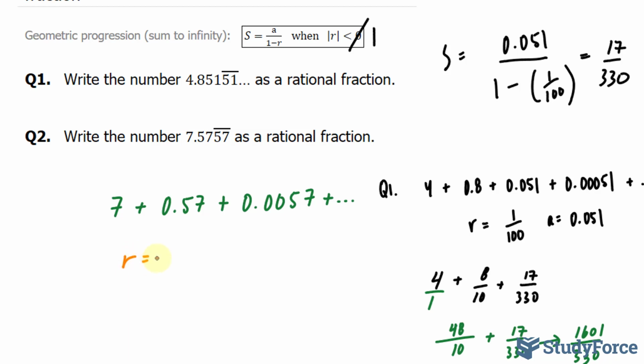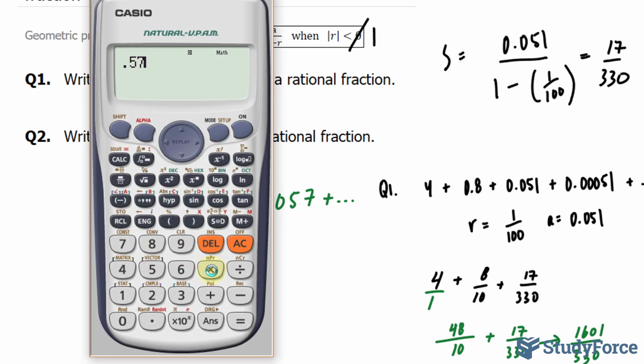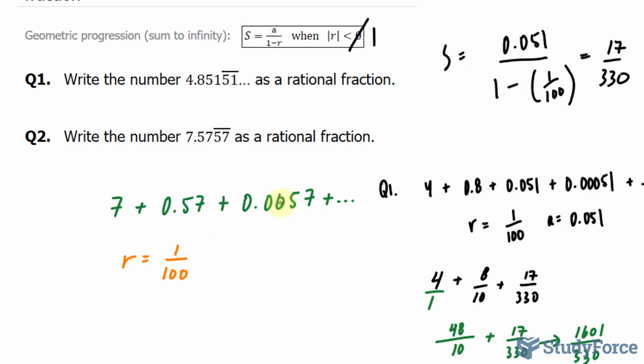The common ratio here will be 1 over 100, just as before, because if we take 0.57 and multiply that by 1 over 100, or in other words, divide it by 100, we get the next number in line, which is this one.